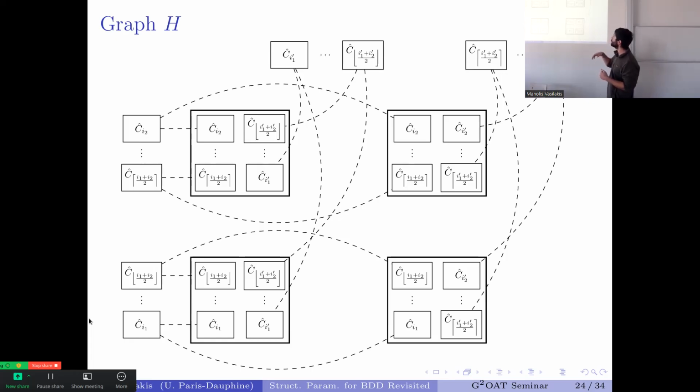If we delete all the copy vertices, so if we cut all of those edges, what remains is disconnected. We have four occurrences of an adjacency gadget, which is much smaller, because i and i' run over half of the set. I hope the high-level idea is clear. This is what we do.